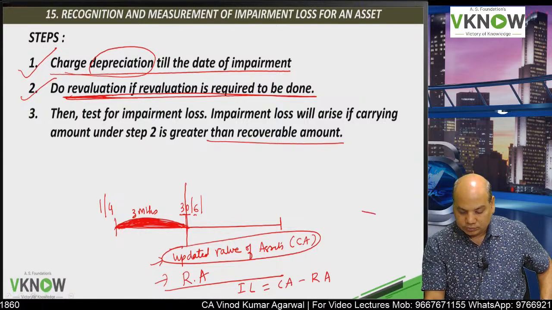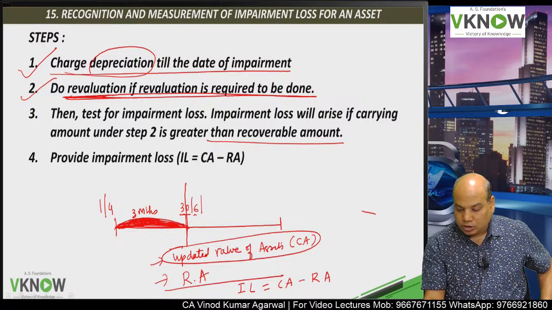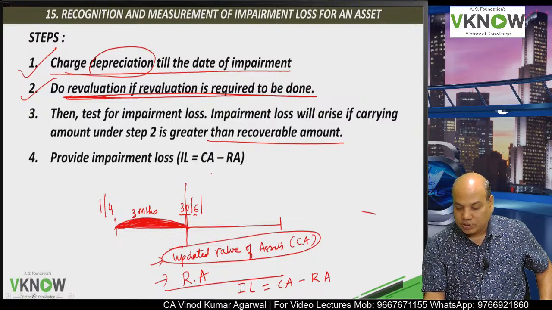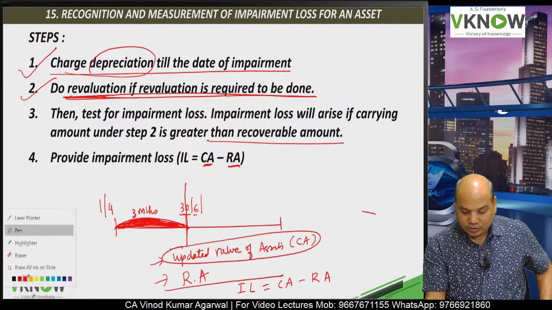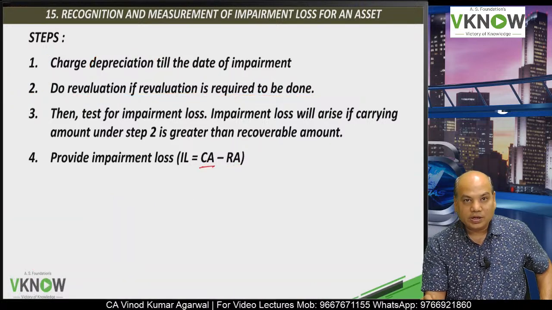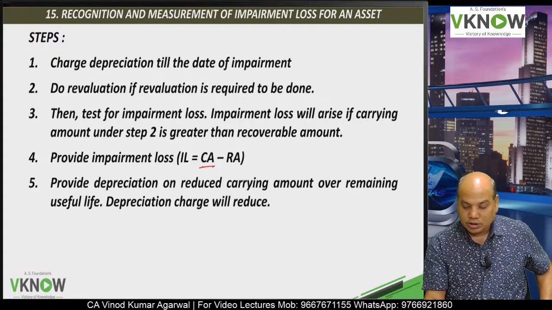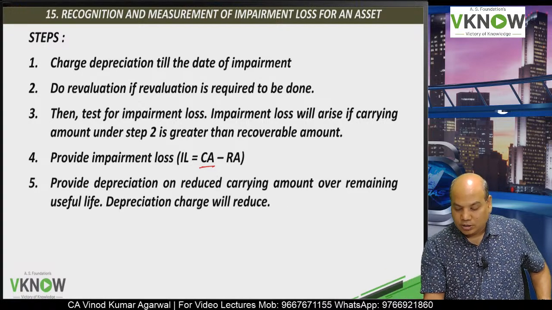Is it right? And then we will provide impairment loss. Impairment loss will be only if carrying amount exceeds the recoverable amount. If carrying amount is less than recoverable amount, then the asset is not impaired.